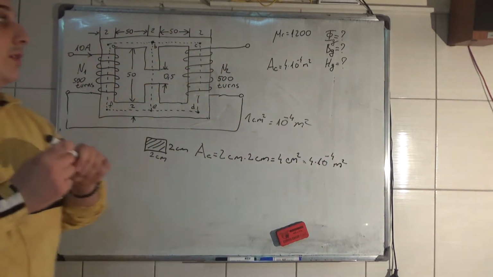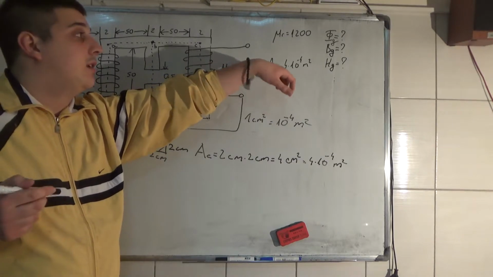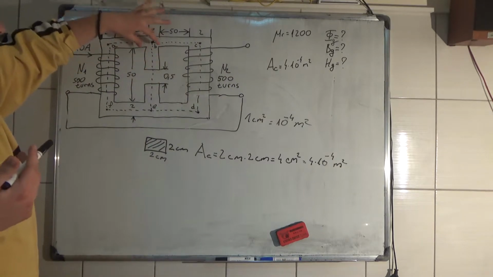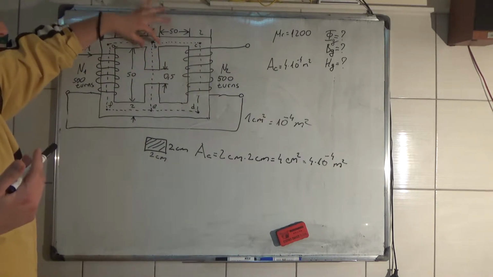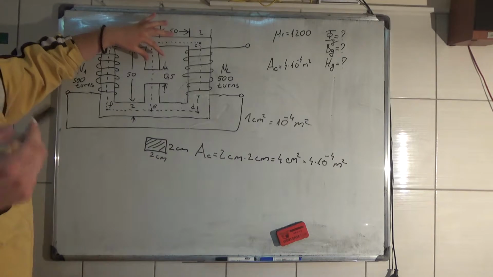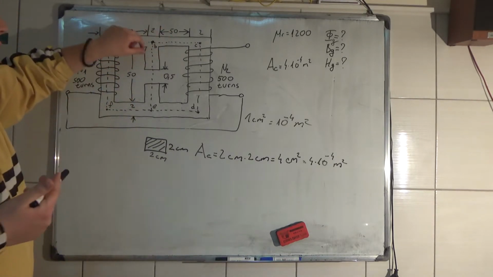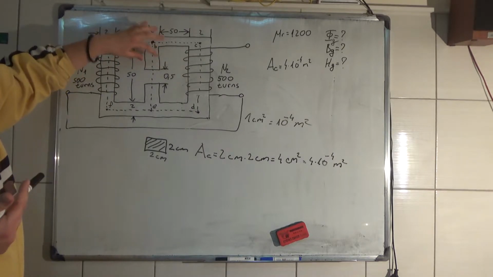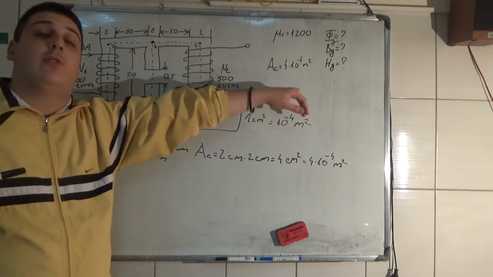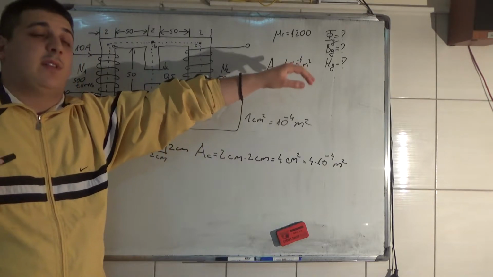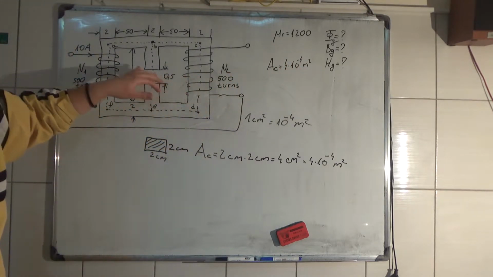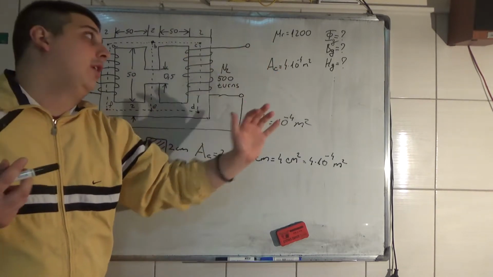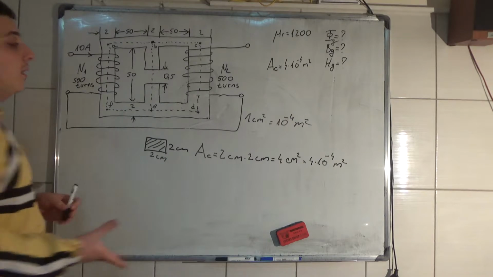Okay, so the area of the core is 4 times 10 to the minus 4 meters squared. Also here the length is 2 centimeters, and with a square cross section, the area of this branch is also 4 times 10 to the minus 4 meters squared. Also the area of the air gap is 4 times 10 to the minus 4 meters squared. Okay.